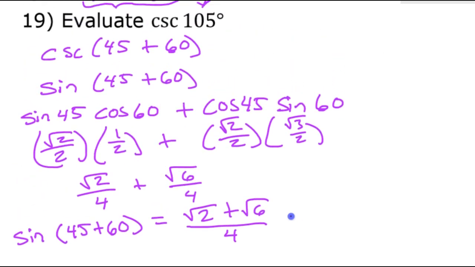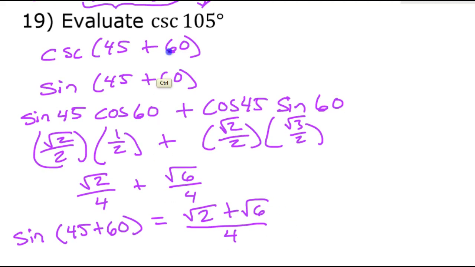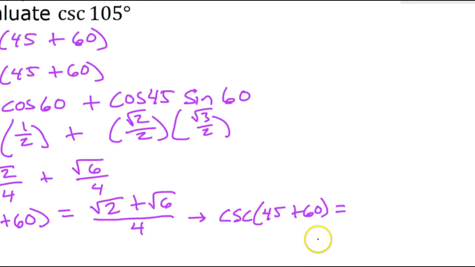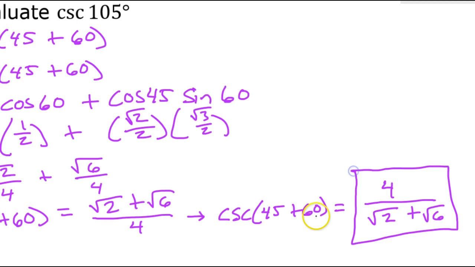So that means that the cosecant, which is the reciprocal of this, the cosecant of 45 plus 60, must equal the reciprocal of this. So that's going to be 4 over radical 2 plus radical 6. And we're just going to leave it like that.